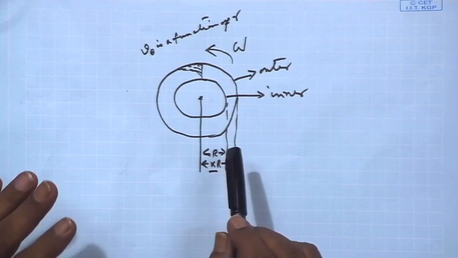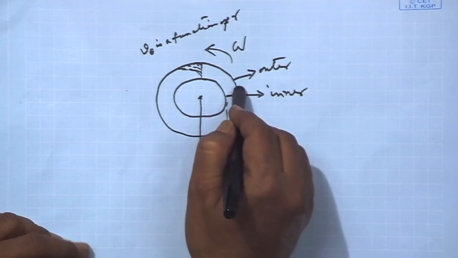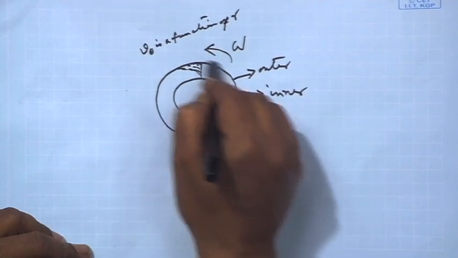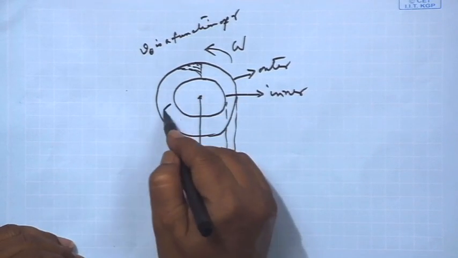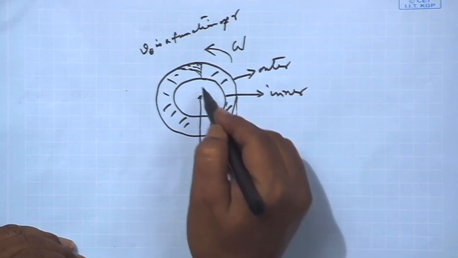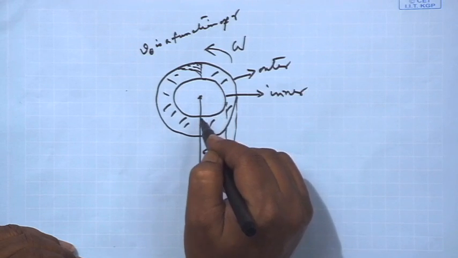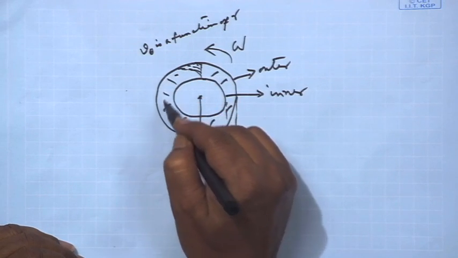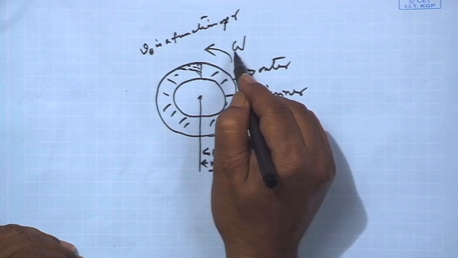Repeating the problem: this is the outer cylinder, this is the inner cylinder, and the fluid is inside here. The inner cylinder is fixed and the outer cylinder suddenly started rotating with an angular velocity of omega.